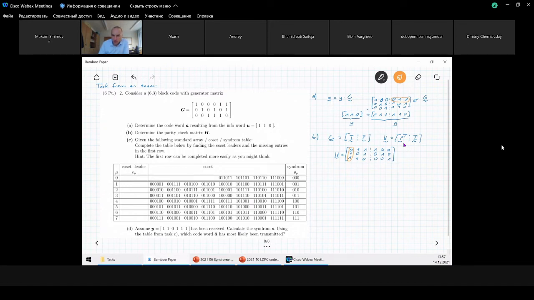Some already got the missing members from this first coset.